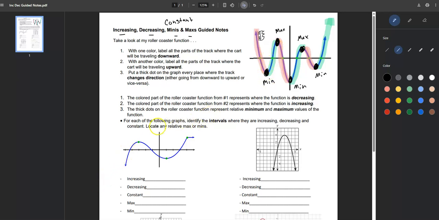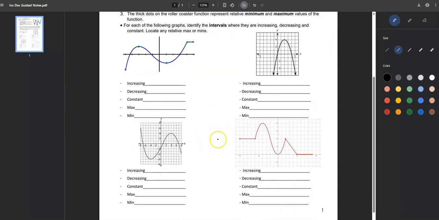Okay? So let's look at each of these graphs here, and we are going to identify the intervals at which it increases and decreases. The nice thing about these intervals is I do not like domain and range where I have to use bracket and not bracket. These are all going to be parentheses. Okay? And you might do multiple ones. So for example, this is increasing.